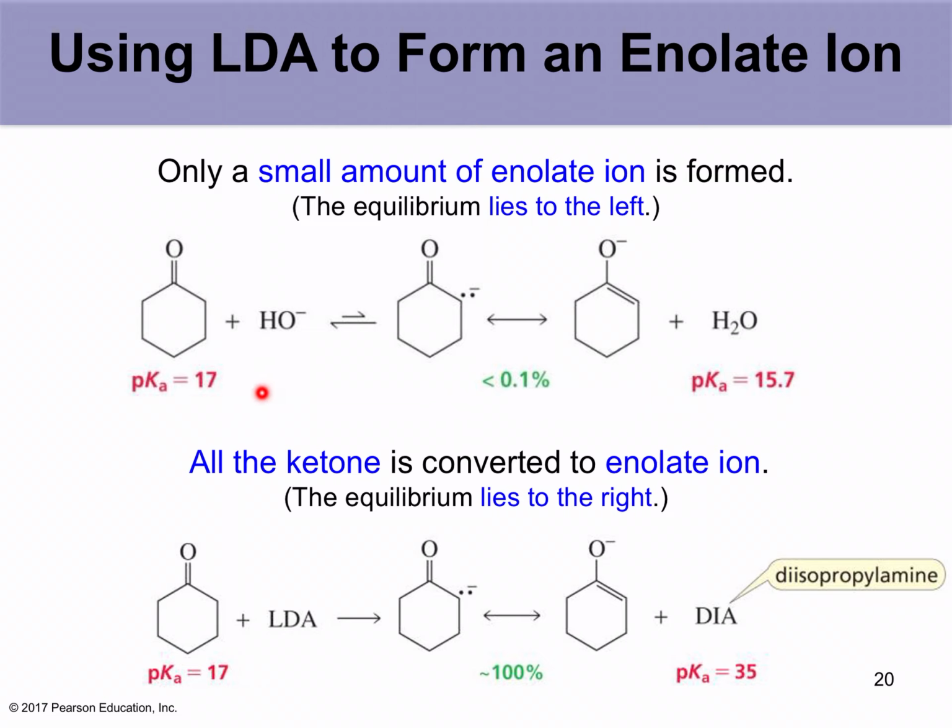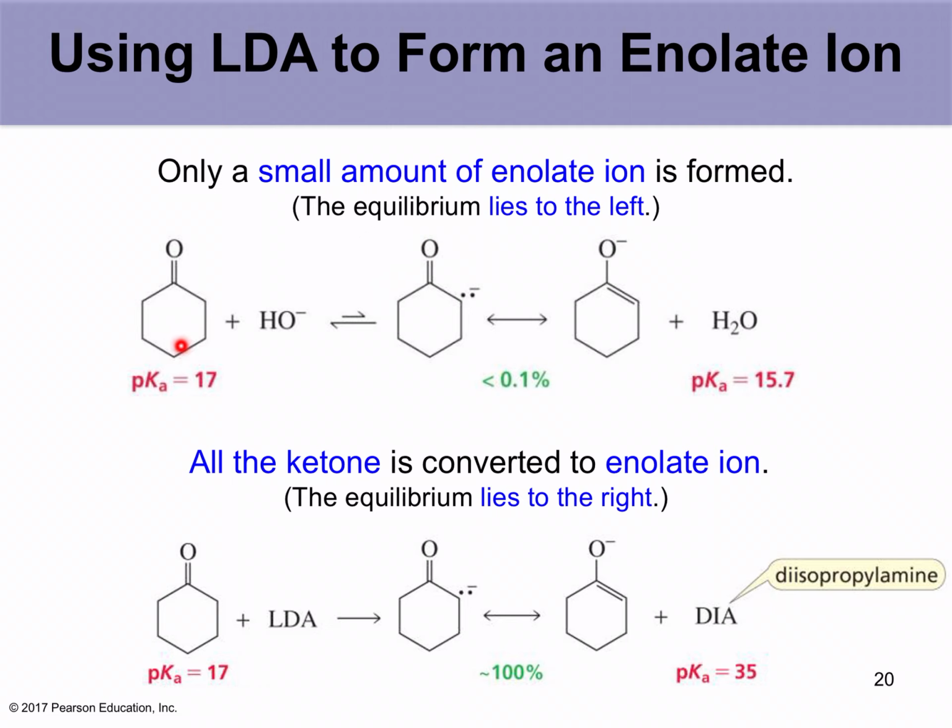So between pKa 17 and pKa 15.7, which one is the stronger acid? pKa 15.7, right? You know that a strong acid and strong base will make a weak acid and a weak base. Even though we form the enolate ion with hydroxide, that's going to form only less than 0.1%.